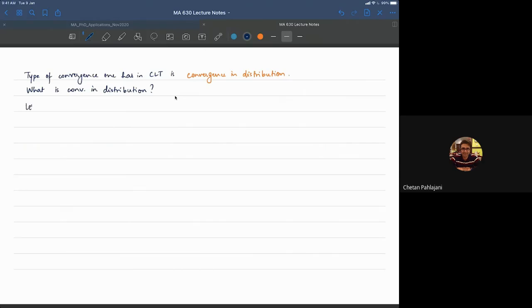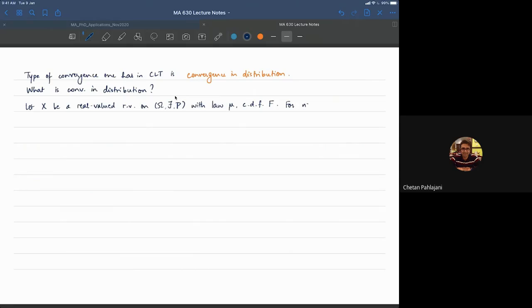So let's just say let x be a real valued random variable on (omega, F, P) with law mu and CDF, capital F. Then I will do the following.